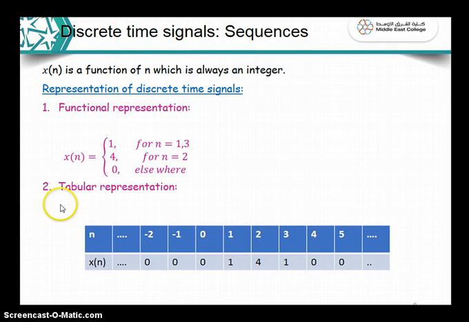In tabular representation, it is written in a table. The same function from the above example is now represented in tabular form. A signal can be represented in any of these 4 ways, and I always recommend my students to make use of tabular representation, which will be useful for you to understand more about the signal.